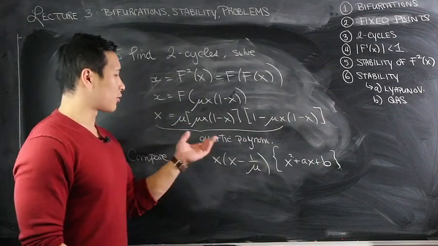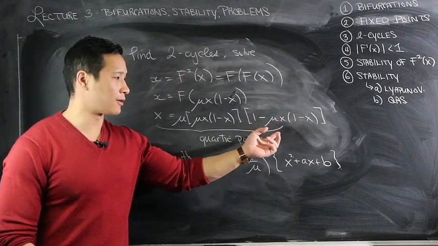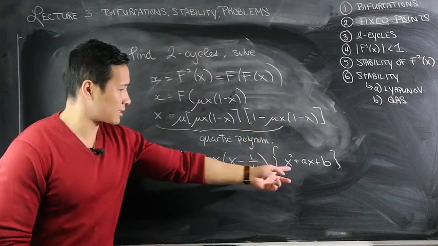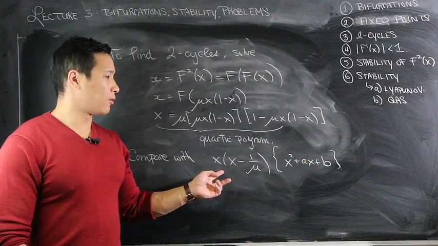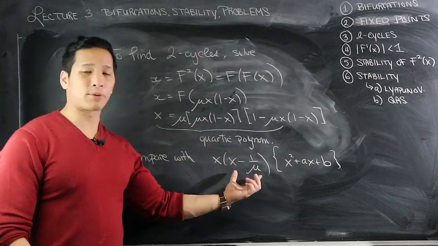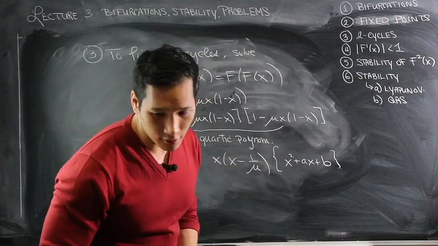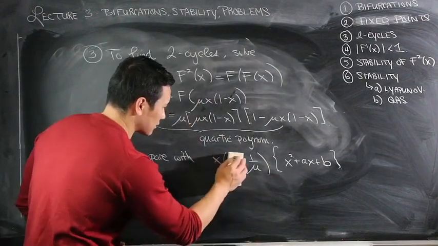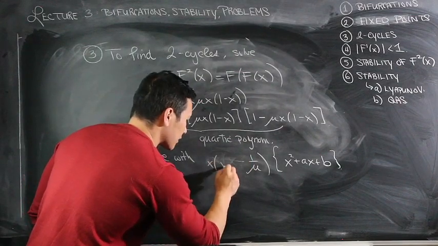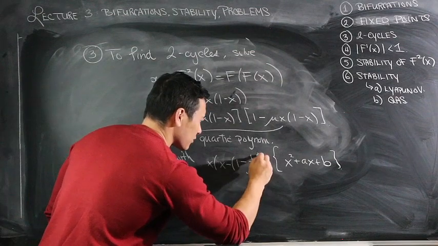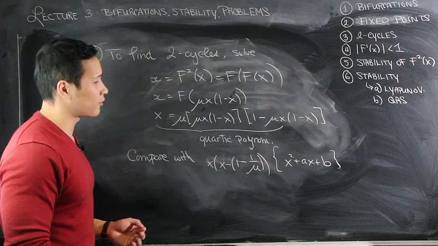Whatever quartic polynomial this is, properly normalized so that the leading x to the 4 has a coefficient of 1, it has to be placed in this form. It has to have x equal to 0 as a root, and I've written this wrong. You'll probably notice in the chat in a minute. But this is x, and then this is x minus 1 minus 1 over mu, like that.